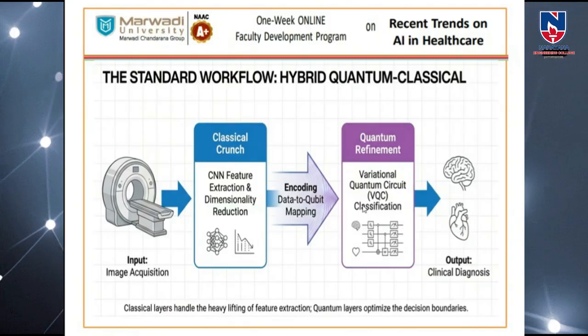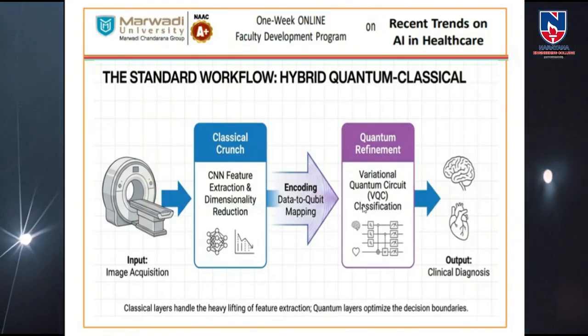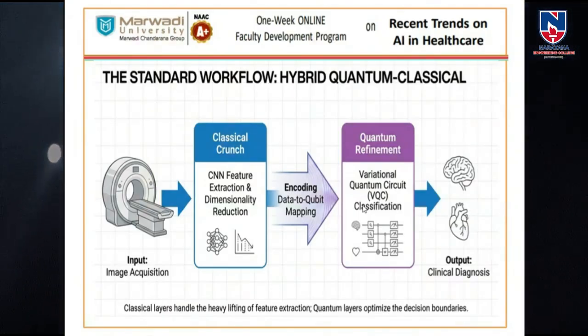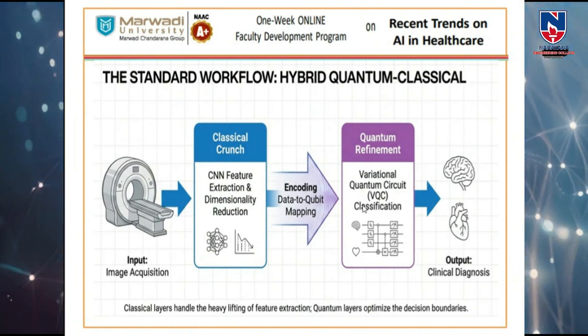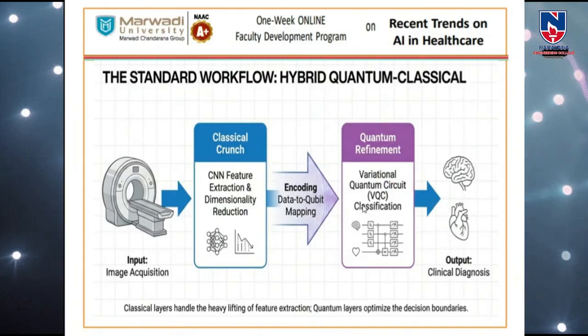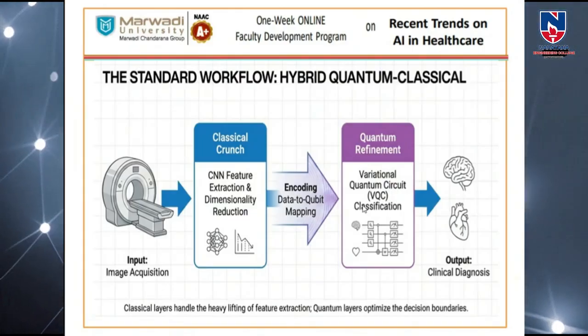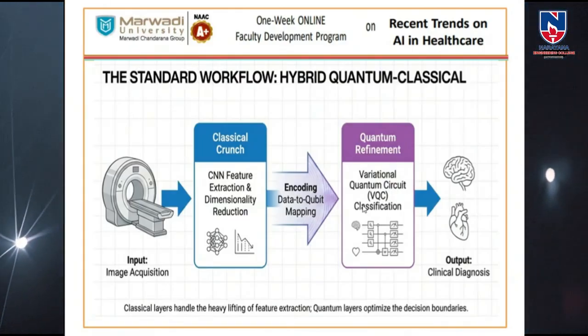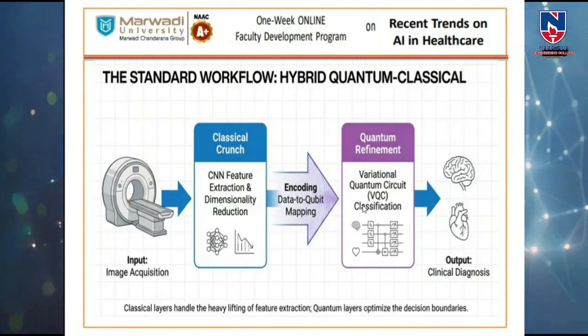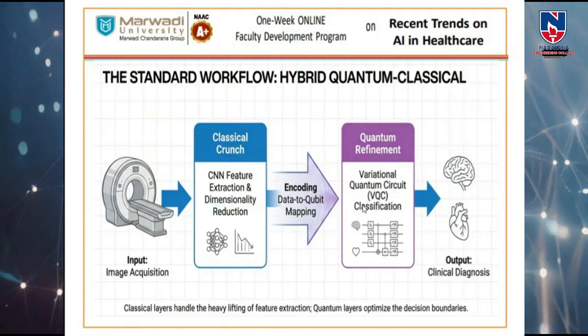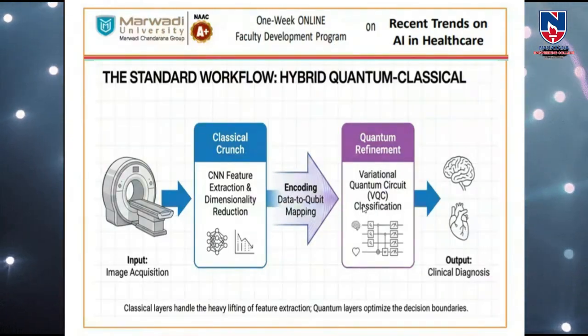So what is the idea behind the combination? Combining the classical and the quantum technologies altogether, we call it a hybrid model. The classical layer handles the large scale information and feature extraction, and gives the optimized feature data without losing information.